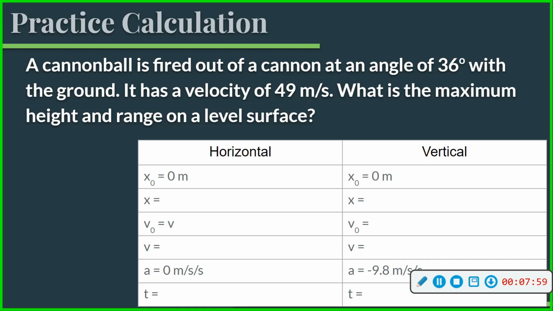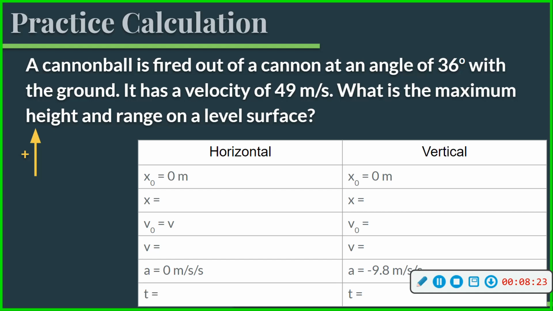So the things we typically know already, there is no acceleration in the horizontal direction, and our height is considered to be 0. In the vertical direction, height is also 0. We know that the acceleration due to gravity, minus 9.8 meters per second squared, or again, minus 10 for the AP exam is fine. Okay.